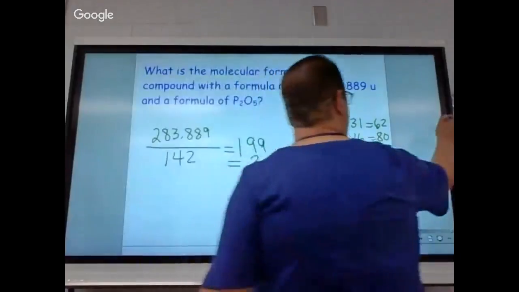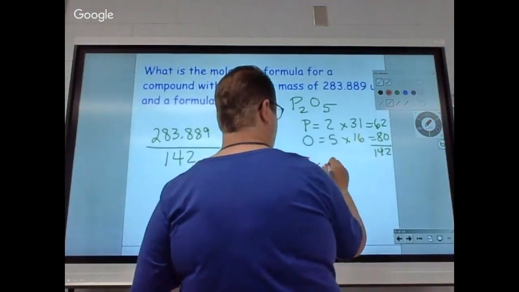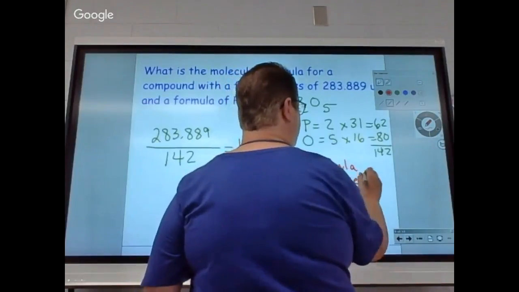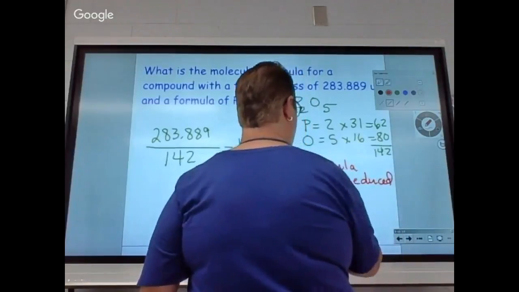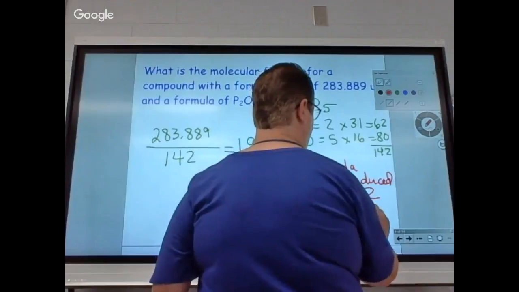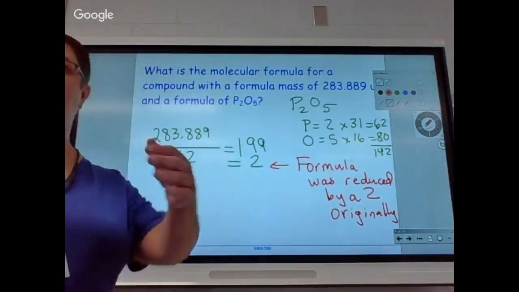This means the formula was reduced by a 2 originally. Because what we're doing is figuring out what the original formula was.